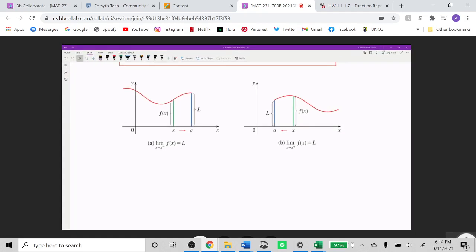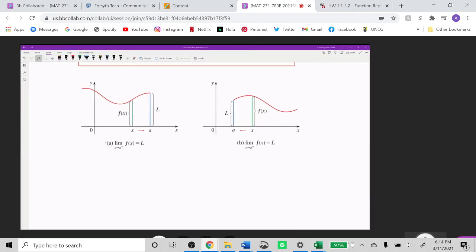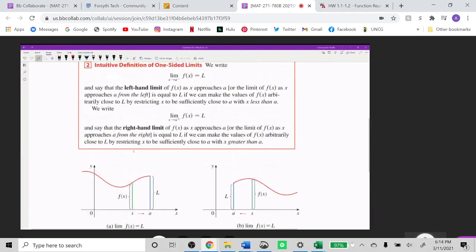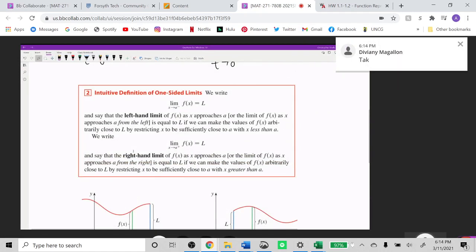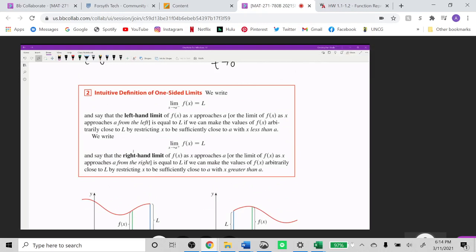Now, there's an important definition that follows from our definitions of one-sided limits. These one-sided limits could be equal to each other, right? And often they are going to be equal to each other, although I suppose our definition of often may vary.